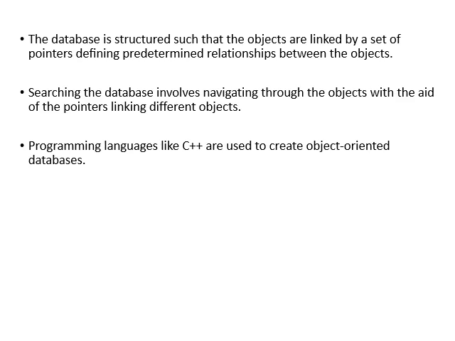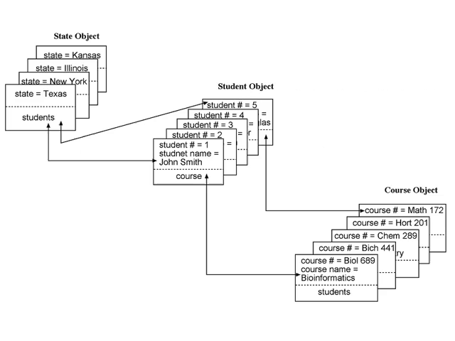These pointers define predetermined relationships between the objects. Searching the database involves navigating through the objects with the aid of the pointers linking different objects. For object-oriented database development, we can use programming languages like C++. So this is an example of an object-oriented database.